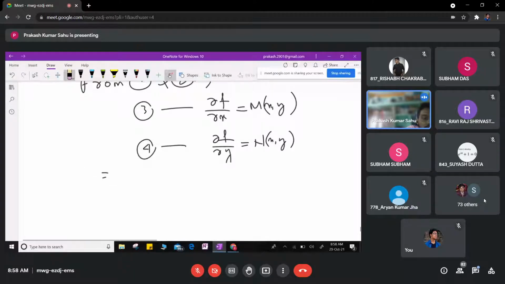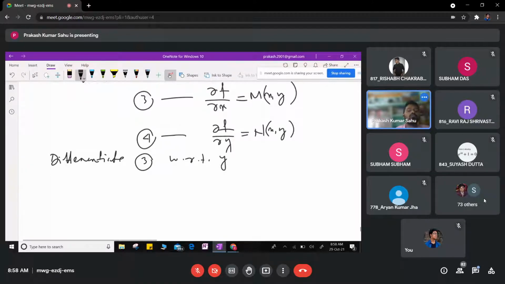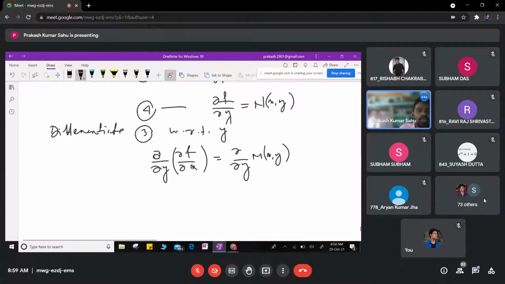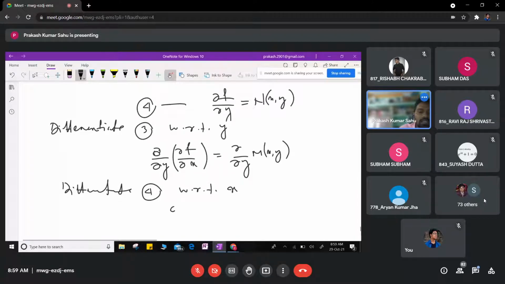So differentiate 3 with respect to y: del by del y of del f by del x is equal to del by del y of M. Similarly, if you differentiate 4 with respect to x, you get del by del x of del f by del y is equal to del by del x of N.